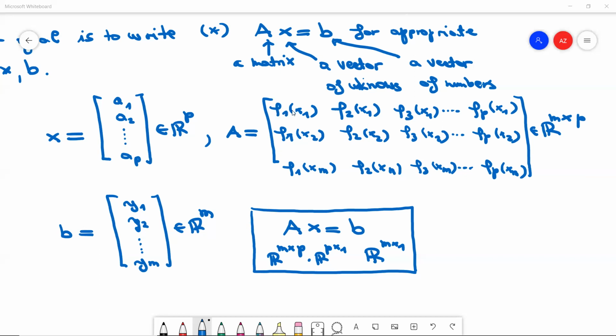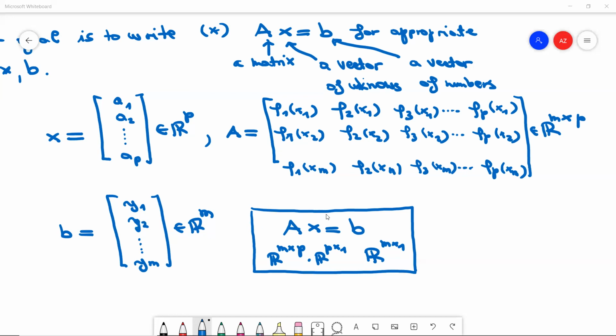So the first row corresponds to the evaluations of our phi's in the first point x1. And then the second row corresponds to the evaluations of our phi's in the second point, and so on. And B is just the vector of the right side, so of the values y which have to be met in the corresponding point x.